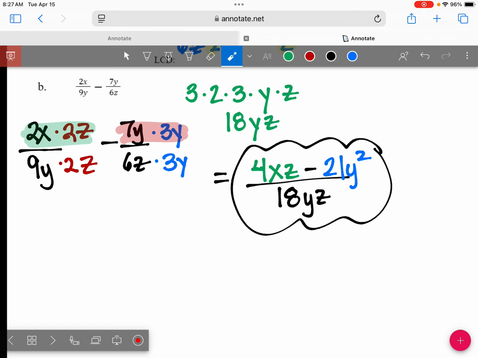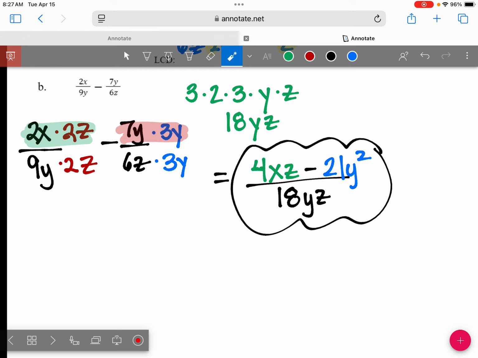So I have to multiply. You're not looking at the top. You need a common denominator. And you're asking yourself in the denominator, what do I need to multiply by 9y to get to 18yz? My denominator for the first one was missing a 2 and a z. Then when you look at the second one, again, you're only looking at the bottom.